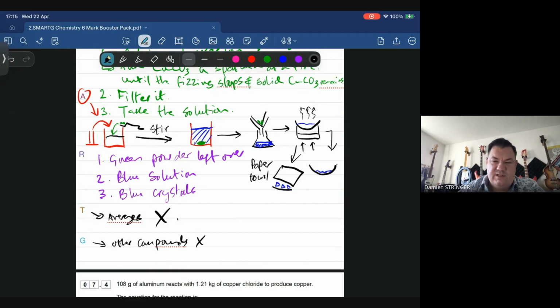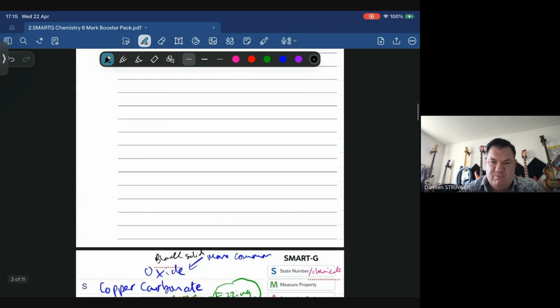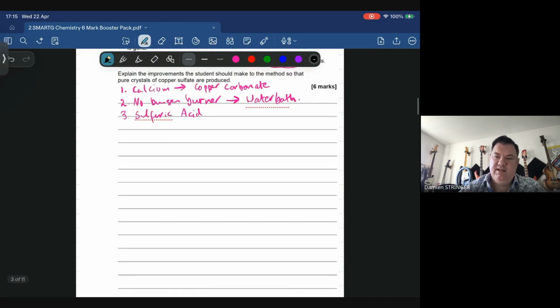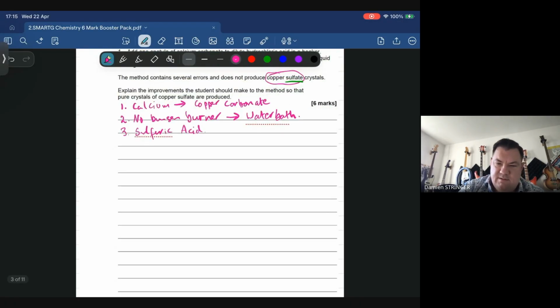So we have to put that into an answer. Explain the improvement. We could say use copper carbonate instead of calcium carbonate.